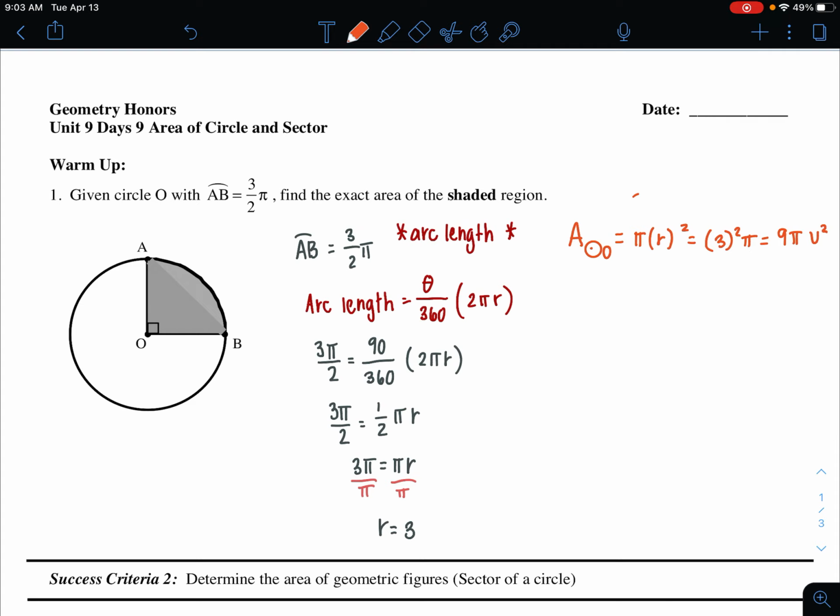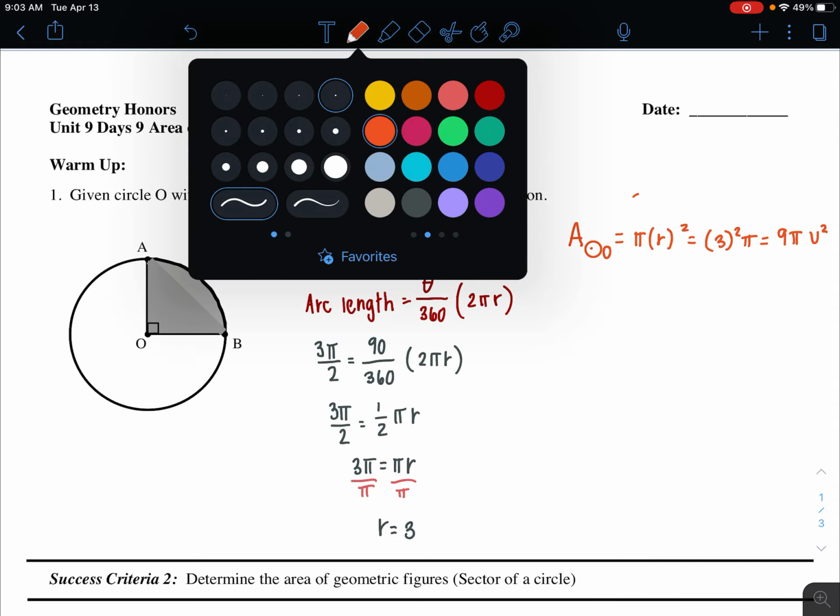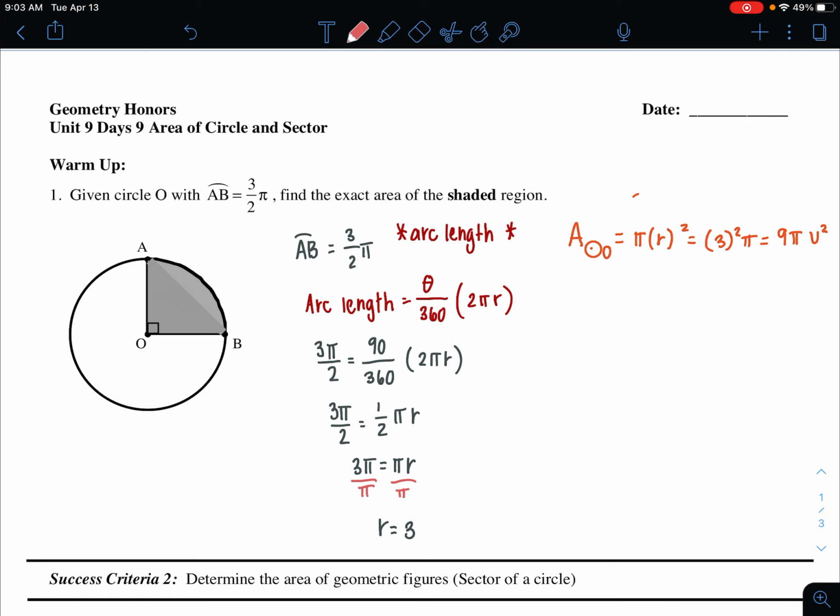Now, I want you to think about how much of this shaded region makes up our circle. Because it is 90 degrees of my circle, and we know a circle is 360 degrees, 90 is 1/4 of your circle. So the area of your shaded region is 1/4 of the area of your circle, which gives you 9 pi over 4 units squared.